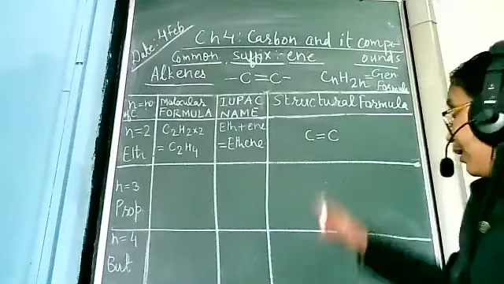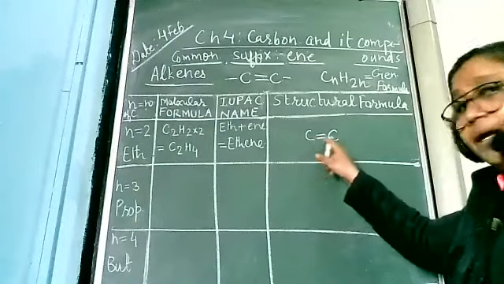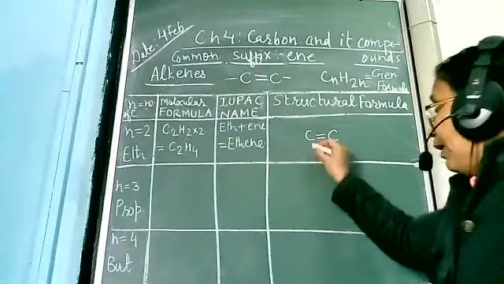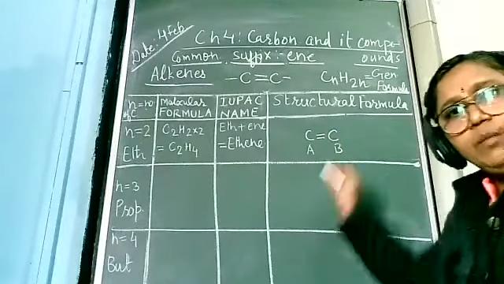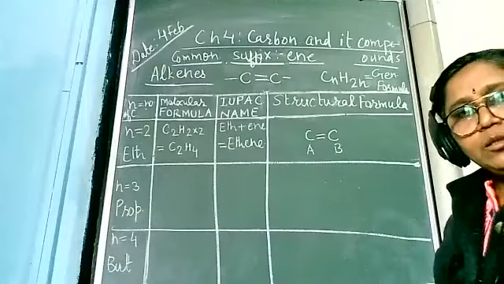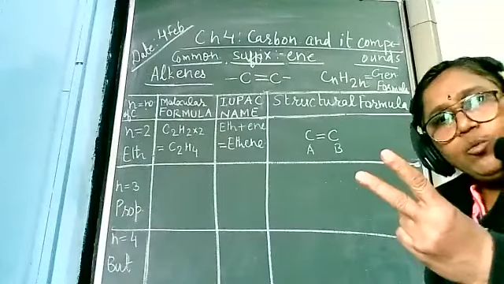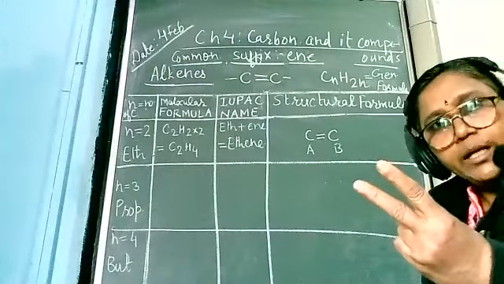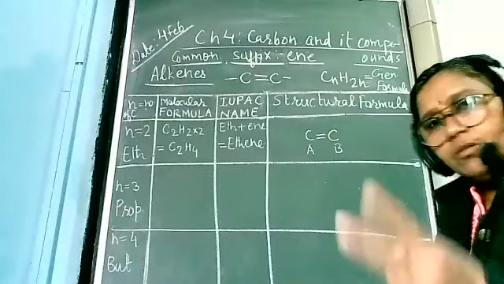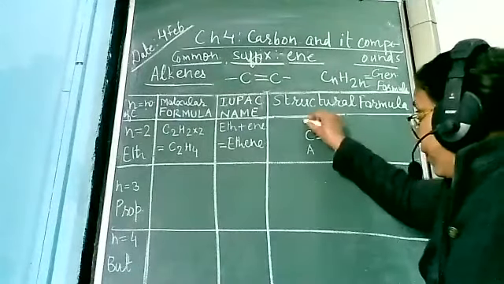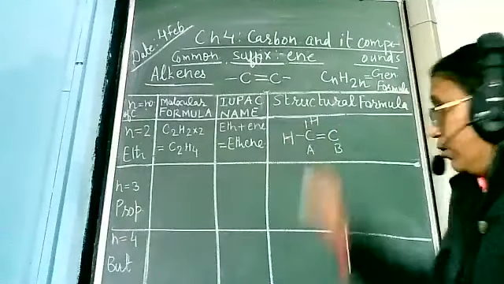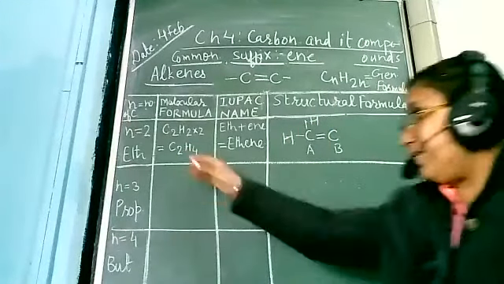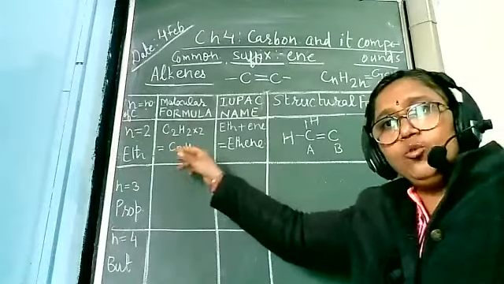For example, here carbon has already shared 2 electrons. A atom has already shared 2 electrons with B atom. Now it needs only 2 more electrons. So to whom will it share with? Obviously hydrogen atom, because it is ethene and the formula is C2H4.